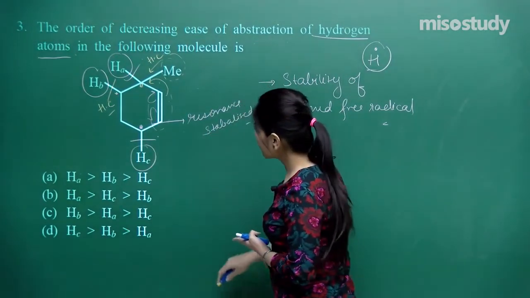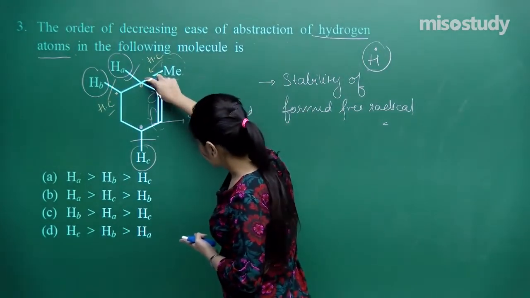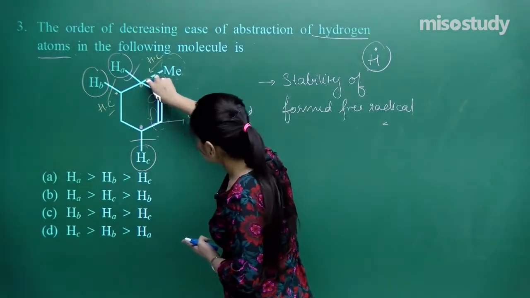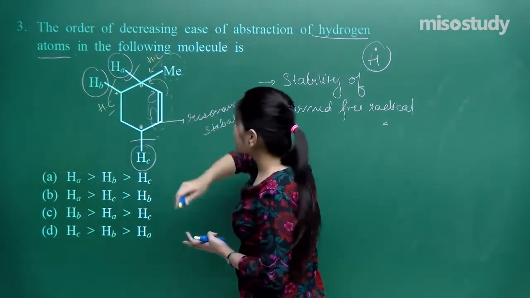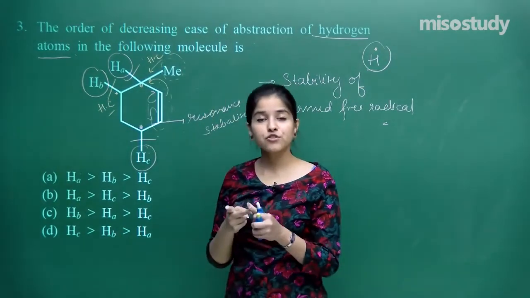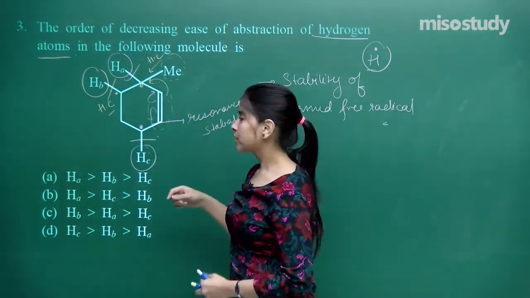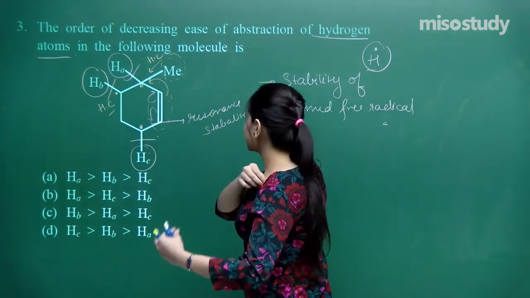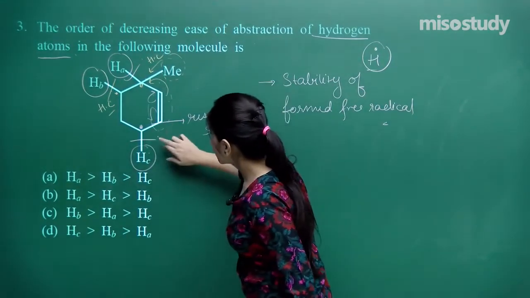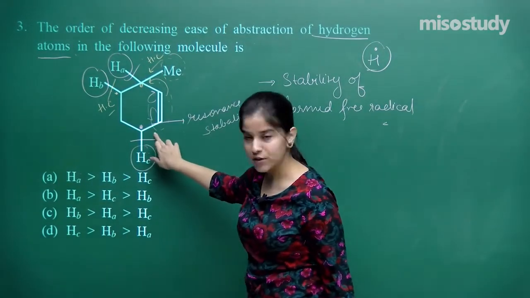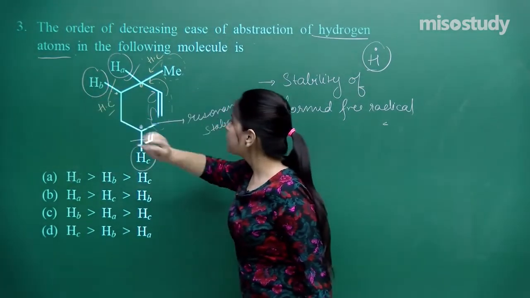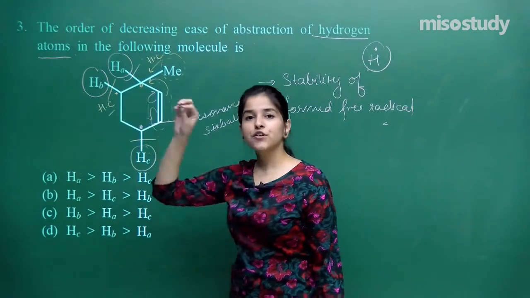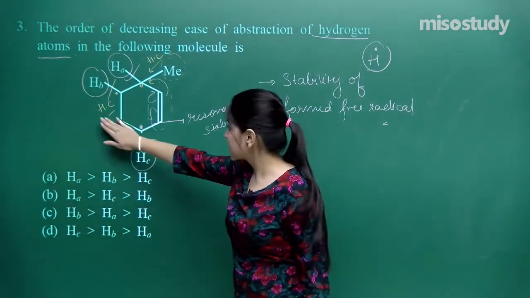The stability will be firstly for HA, this very hydrogen, then HC, then HB. It has got stabilizations in 2 ways, hyperconjugation and resonance. So here I will be getting stabilization from only the resonance part, and over here I will be getting stabilization from hyperconjugation, that is the least.